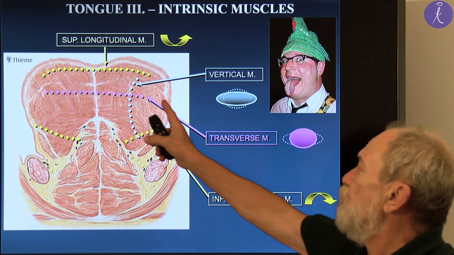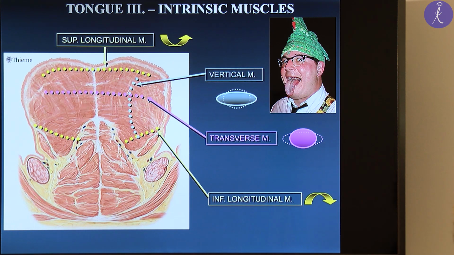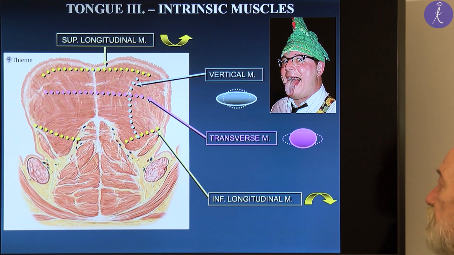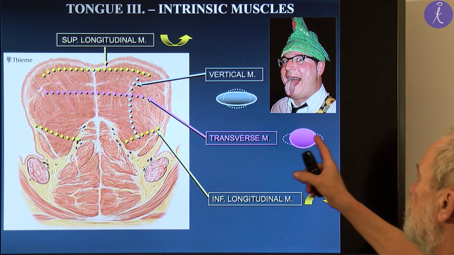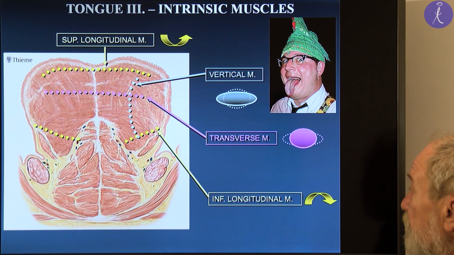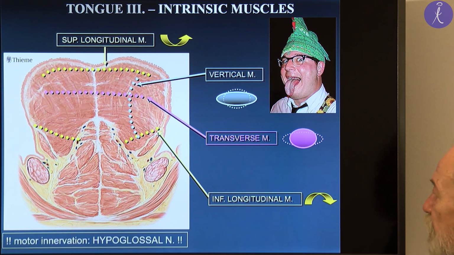The other longitudinally cut fibers are oriented from left to right, so of course the name is transverse muscle of the tongue, and by contracting this makes the tongue narrower and higher, taller, thicker as well. So by the combination of all these muscle functions, the tongue becomes very movable.